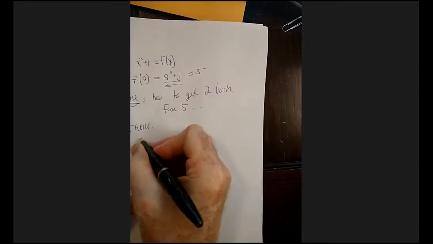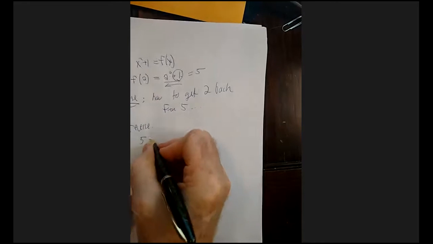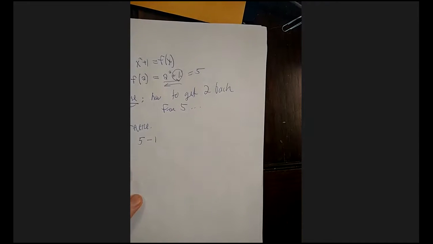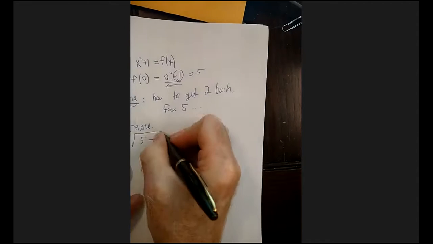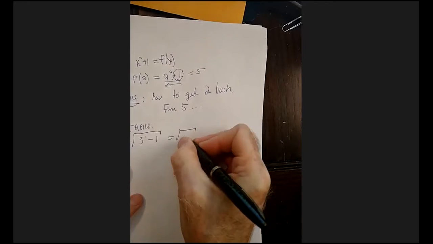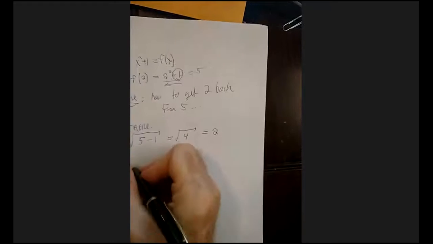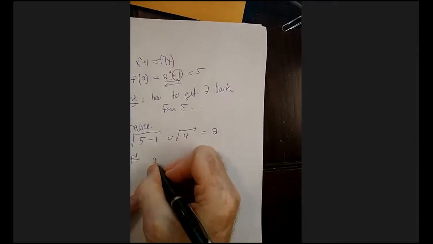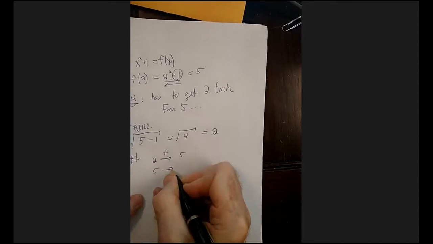I take my 5, and I added 1 to get 5, so I have to subtract 1. And then I squared my x, so the opposite of squaring is square root. If I do that, I get the square root of 4, and that gives me 2. So f took 2 to 5, and we figured out how to go backwards.